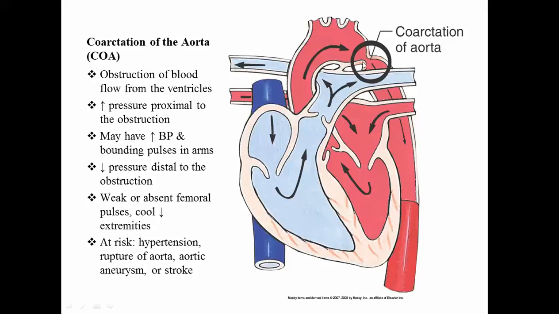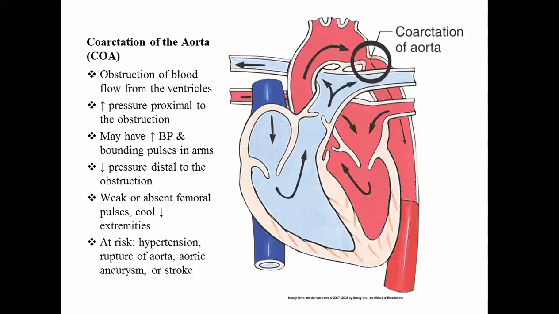Non-surgical treatment would be balloon angioplasty, which is the primary intervention for children and infants. For teens, a stent may be placed. Surgical treatment would be to repair the coarcted portion with an end-to-end anastomosis, or enlargement of the constricted section using a graft or a prosthetic material, or they may use a portion of the left subclavian artery.